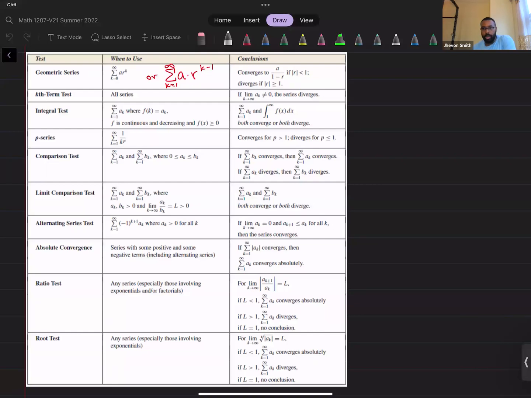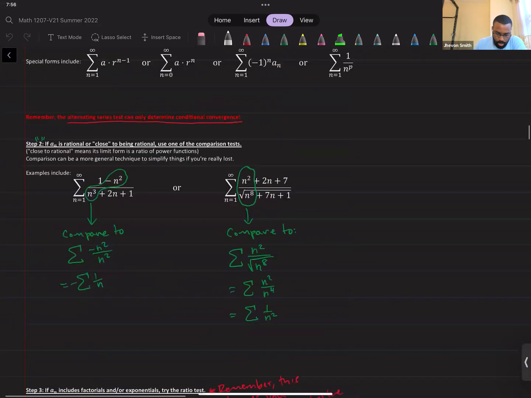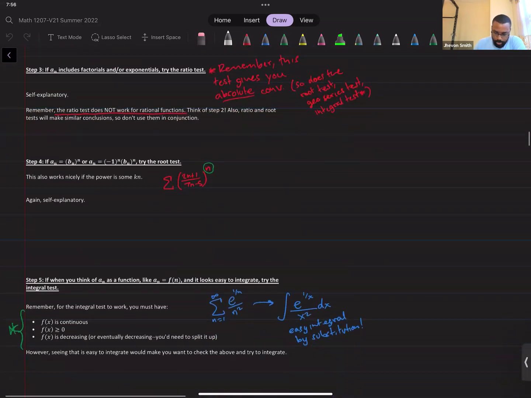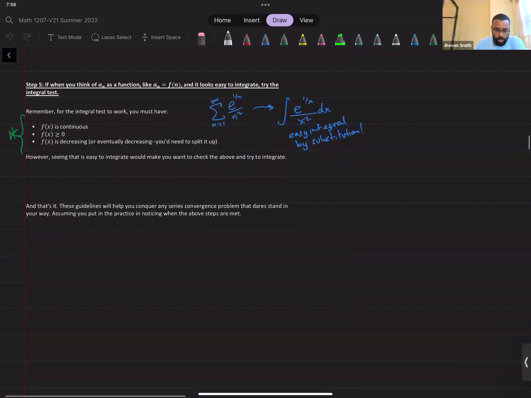Maybe in the summer I'll actually give you this table on an exam so you can refer to it. So that's just generally a process of how you want to approach things.